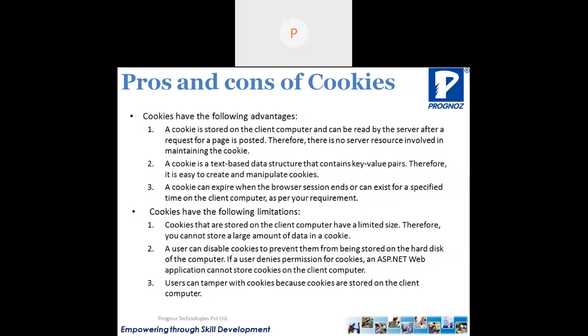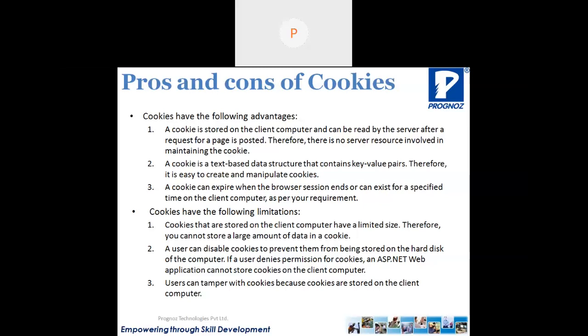So that is another limitation, that it's totally in the client's hand whether he wants to enable cookies data or not. If the client allows us to store the data, then only that data can be fetched, or else we cannot work with the further functionality or operations.